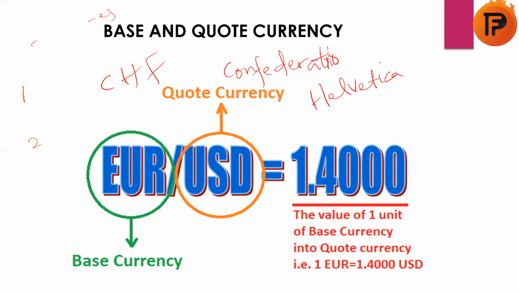The reason why this name is given is to avoid choosing one of the four official languages that are spoken in Switzerland. There are four official languages, just as here in Nigeria we have three. So they have to use this name in order for it to cover the four official languages in Switzerland. So you see, Confederatio Helvetica, and the F is for franc, Swiss franc. That's how they came about CHF.